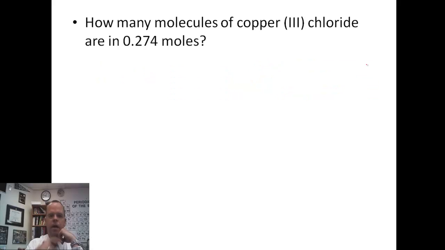Okay, the next problem. How many molecules of copper 3 chloride are in 0.274 moles? So we have 0.274 moles of CuCl3, copper 3 chloride.